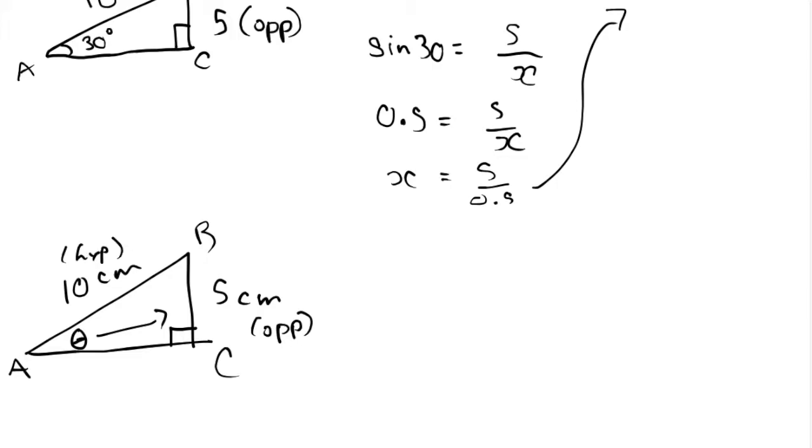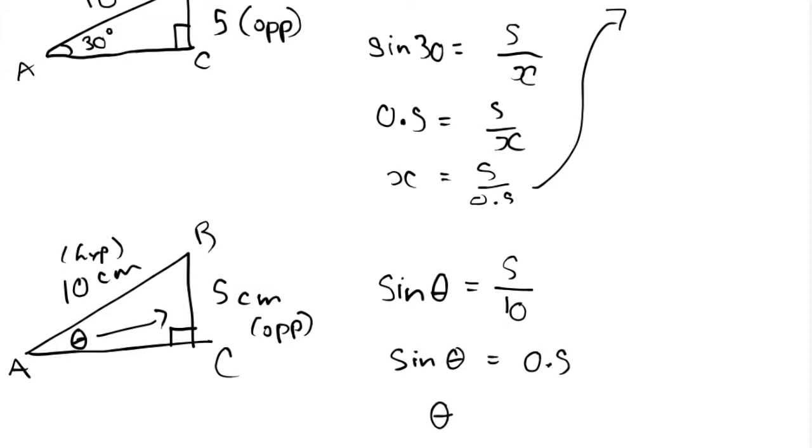So now we can use sine again to help find theta. So you can set up your equation saying sine theta, because we don't know what it is, is equal to 5 over 10, right? And you can simplify it even further. You can get sine theta is equal to 0.5, and now you have to bring sine to the other side.